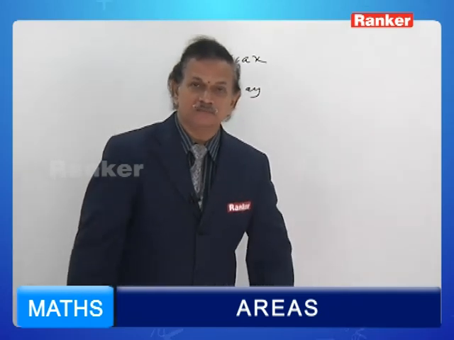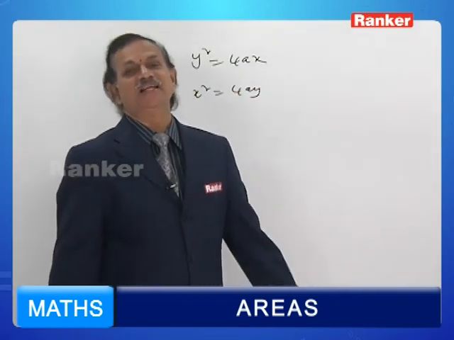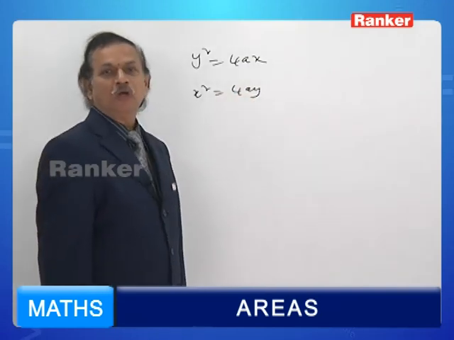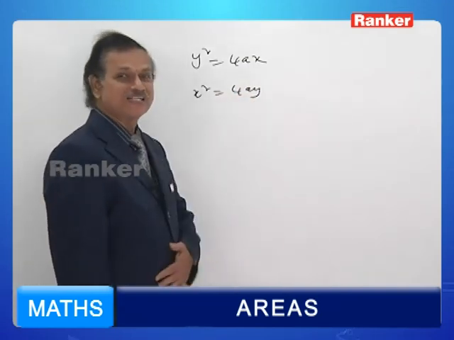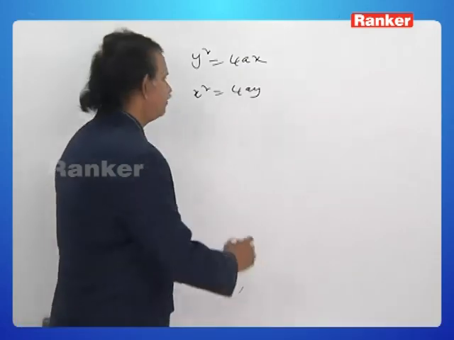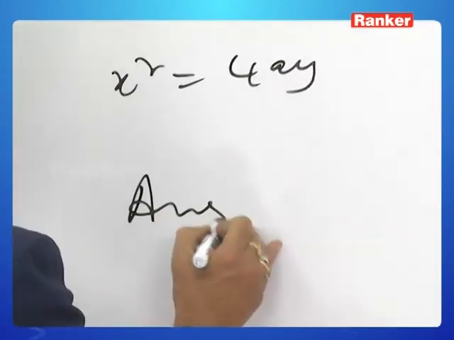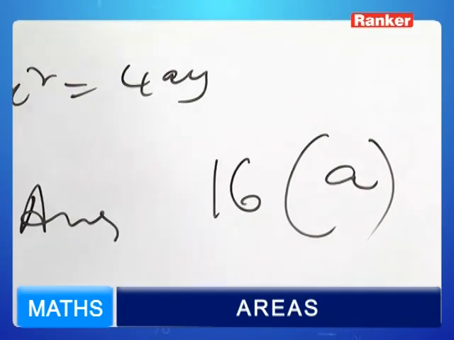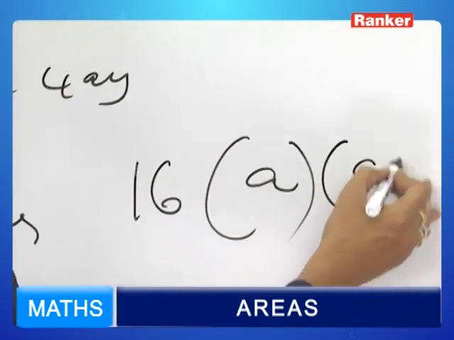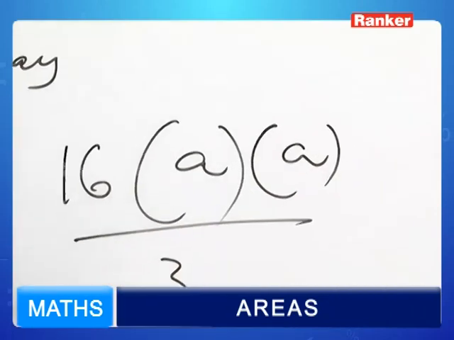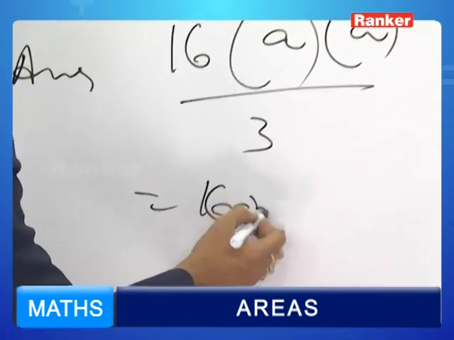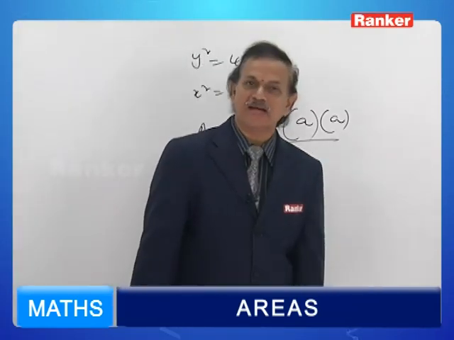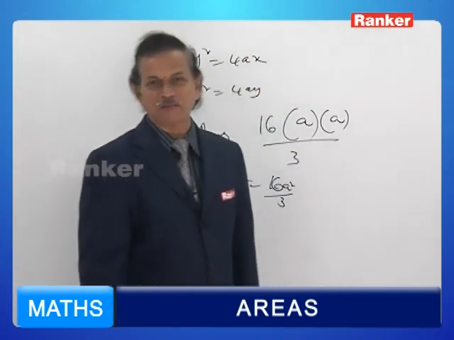Both have the same length of latus rectum, 4a. In this case, what will be the area? 16ab by 3. In the place of a, we have a, and in the place of b also we have a. So the answer is 16a square by 3.